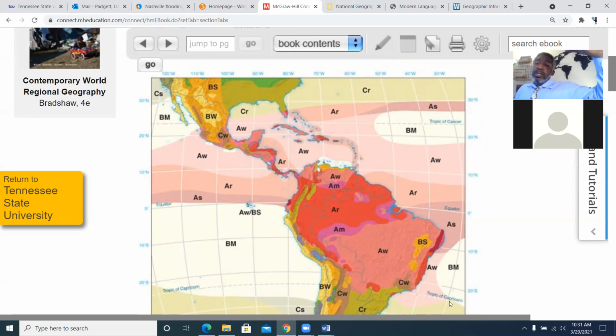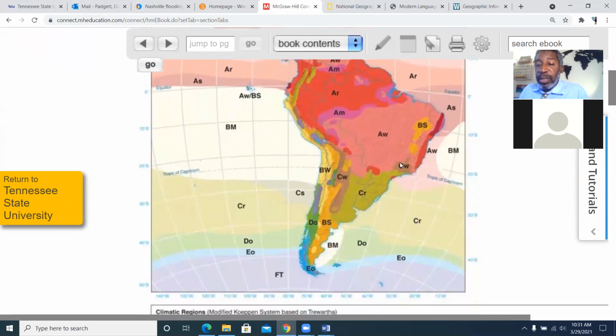Remember, the tropical region is where the sun's direct rays strike someplace throughout the year. Notice that for those of us in North America, north of the Tropic of Cancer, we never experience the sun's direct rays at any time during the year. So our climate is quite different than that of the tropical region, which is where most of Latin America and the Caribbean is.